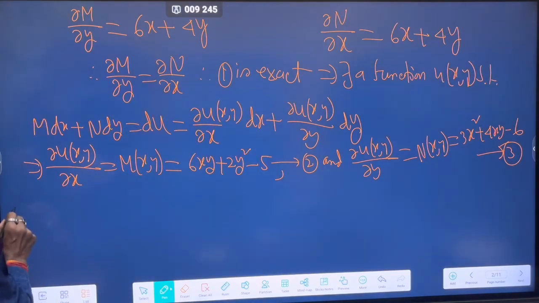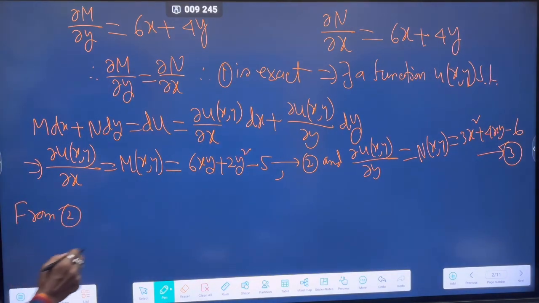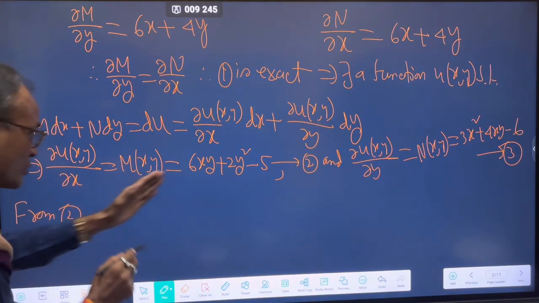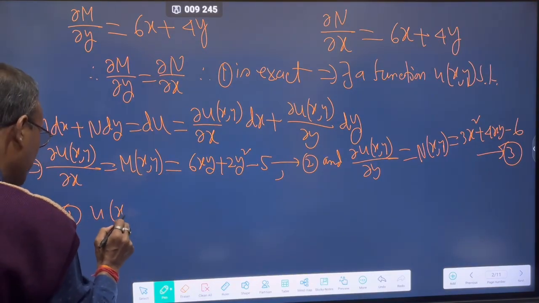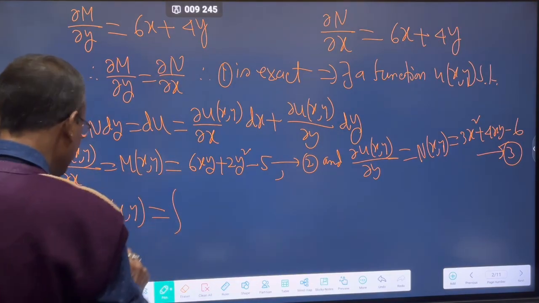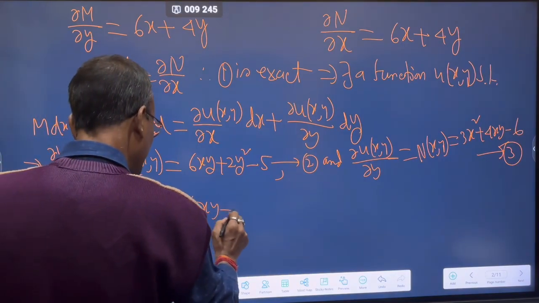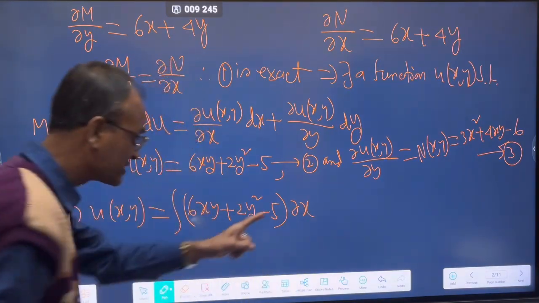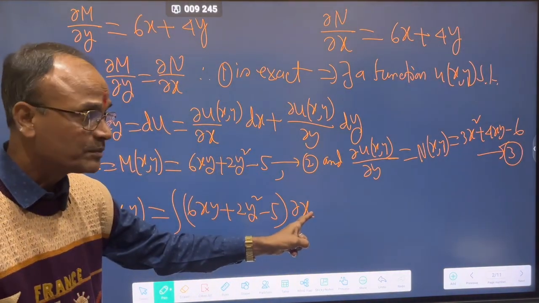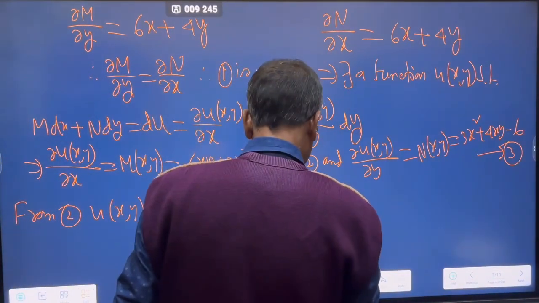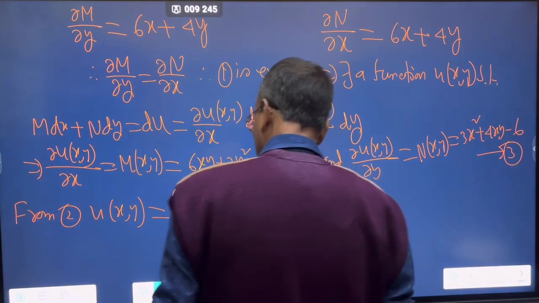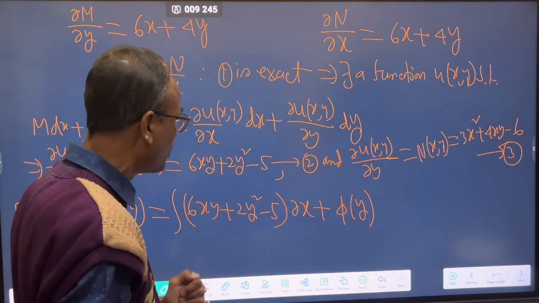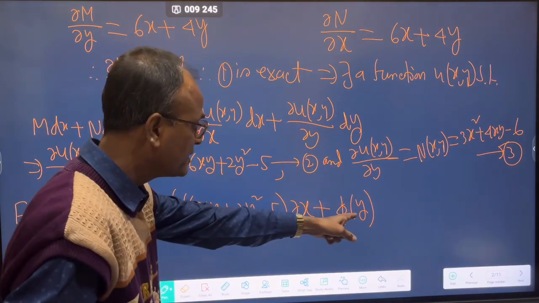From 2, del u by del x equals this. Therefore, u of x, y will be equal to the integral of 6xy plus 2y square minus 5 dx, treating the other variables as constant, plus phi of y. If you differentiate this with respect to x, the phi of y term will be 0.